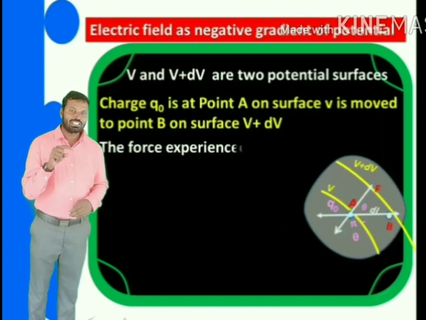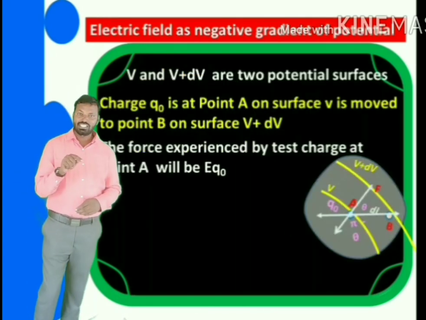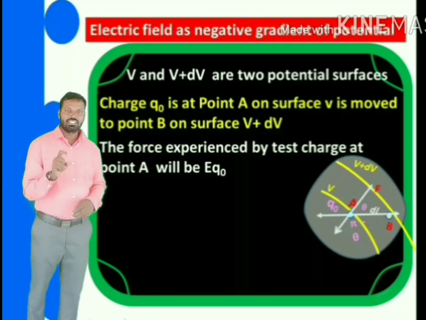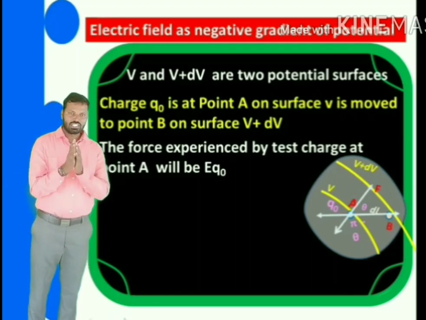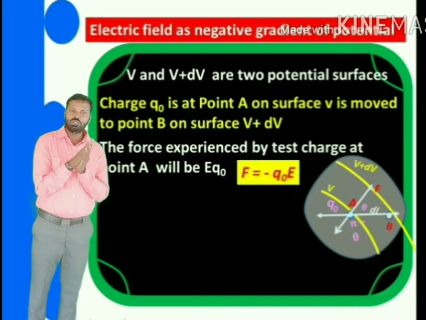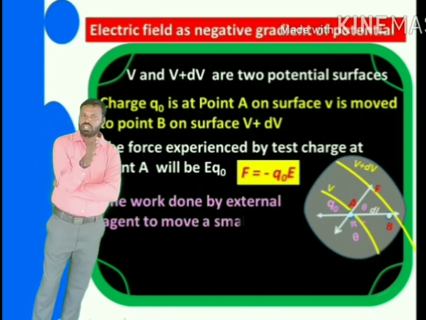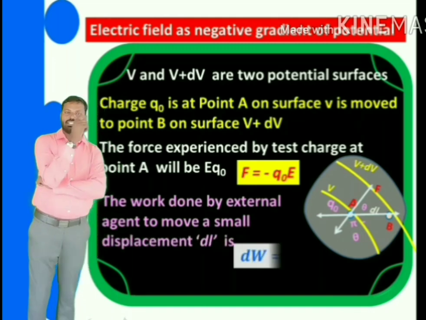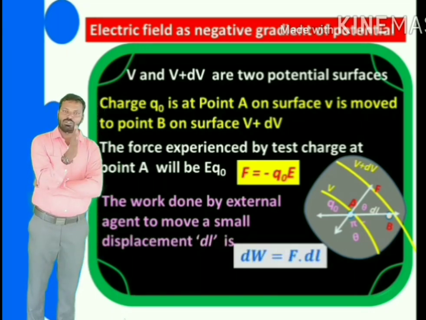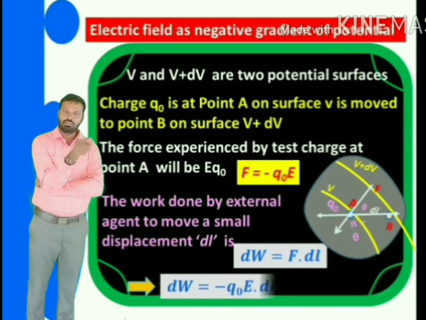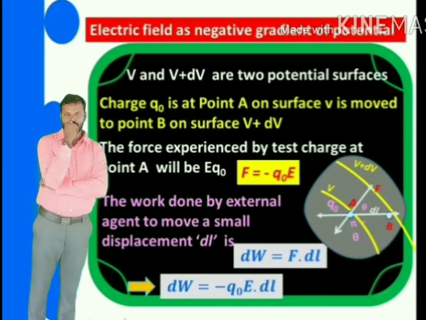Now the force experienced by this test charge in the electric field E is given by F is equal to minus Q0 E. The work done by an external agent to move a small displacement dl is given by dW is equal to F dot dl. What is F? Minus Q0 E. If I substitute that, dW is equal to minus Q0 E dot dl.